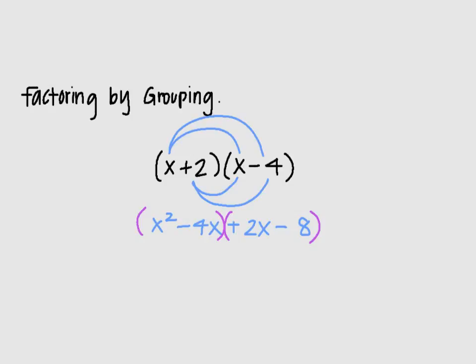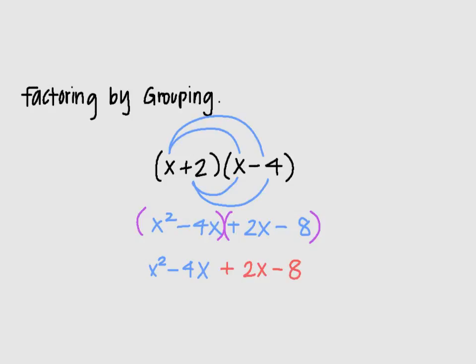So I'm actually going to rewrite this in different colors so it's a little easier to visually see what I'm doing. So again, the first 2 terms were x squared minus 4x. The second 2 terms were positive 2x minus 8.